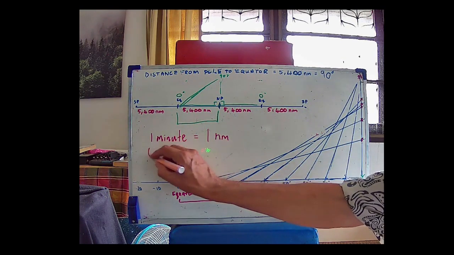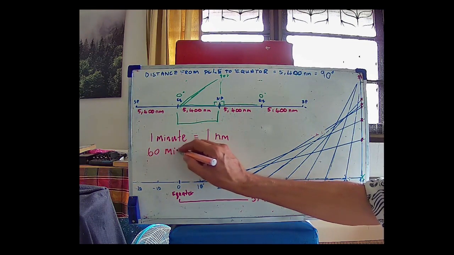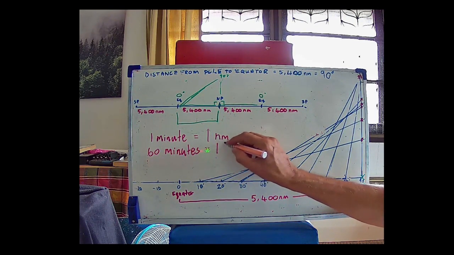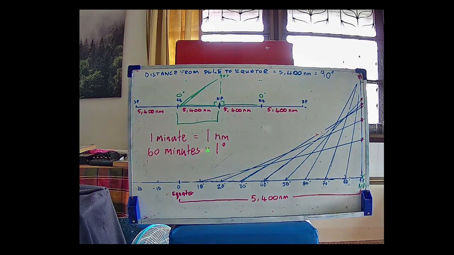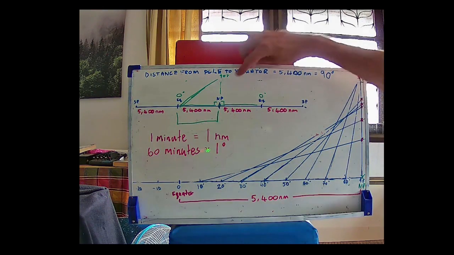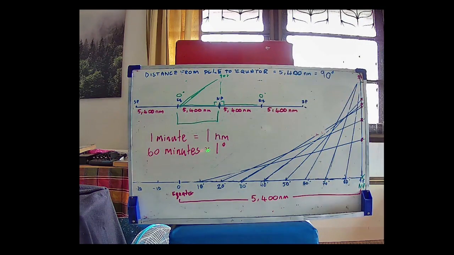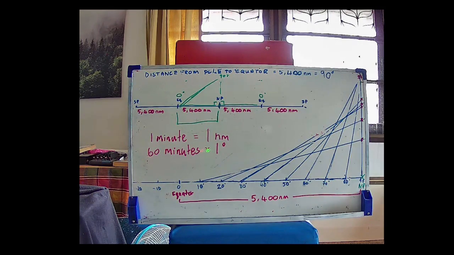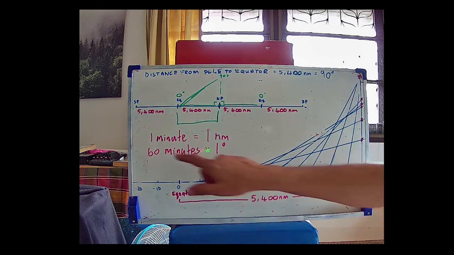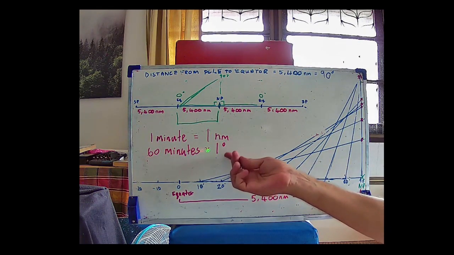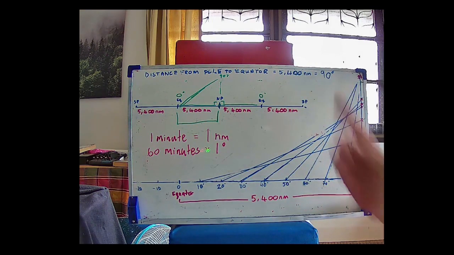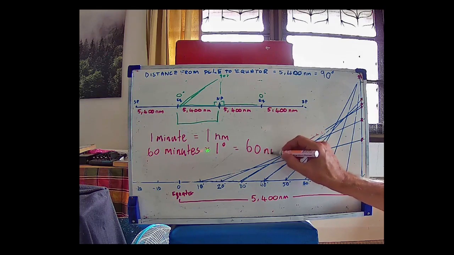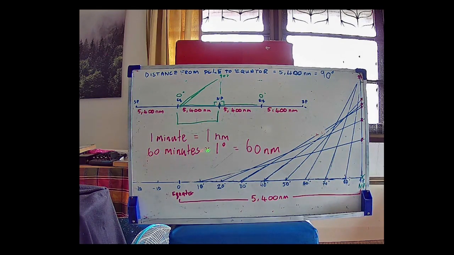Now if you put 60 minutes, that's equal to 1 degree of declination, or 1 degree difference here, between 0 and 90. So 60 minutes make up 1 degree. So that means that 1 degree is also equal to 60 nautical miles.